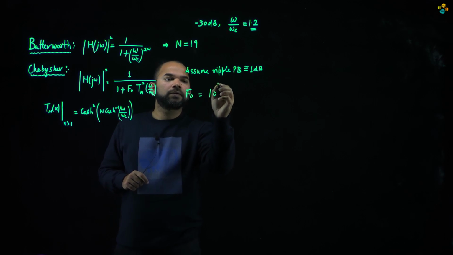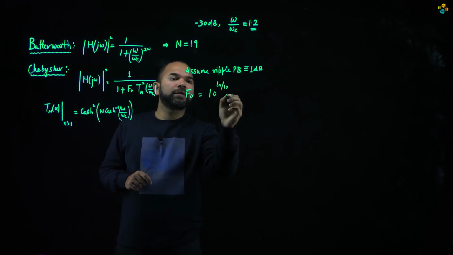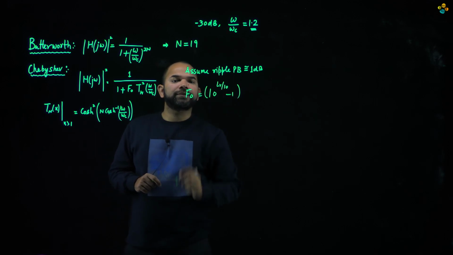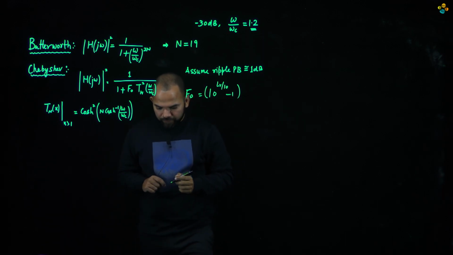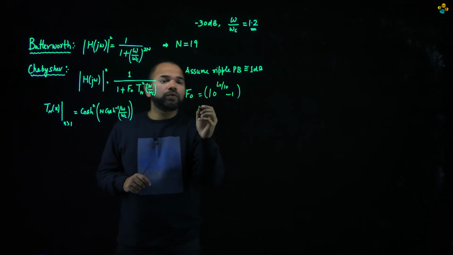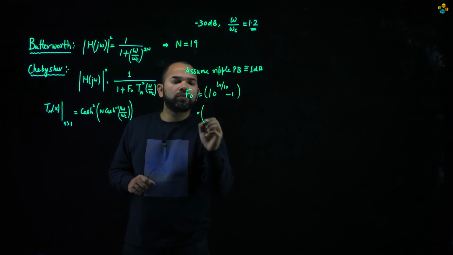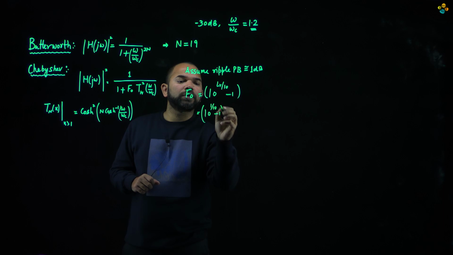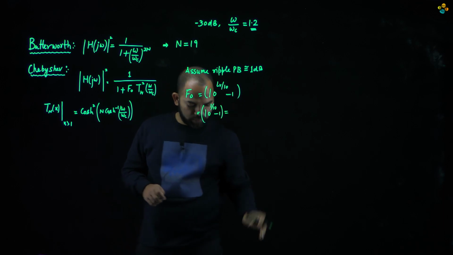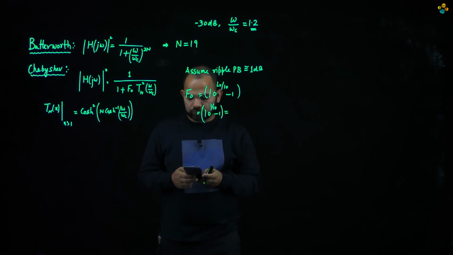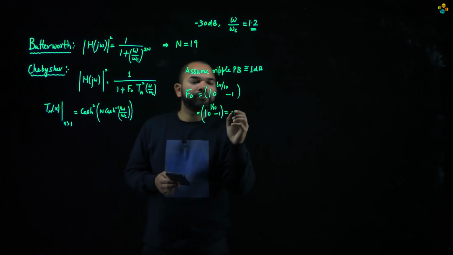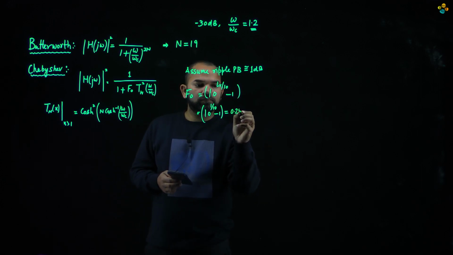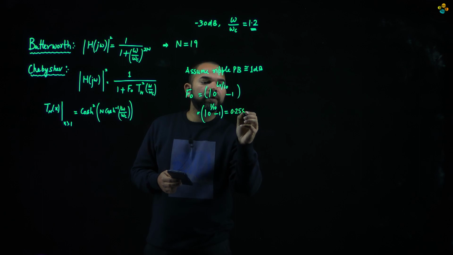is defined like this, 10 to the power LR divided by 10 minus 1. So what would be the LR value? Let's solve this: 10 to the power 1 by 10 minus 1. So this f naught comes out to be 0.2589.